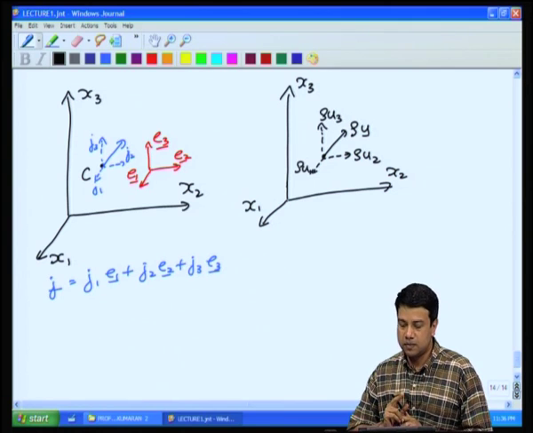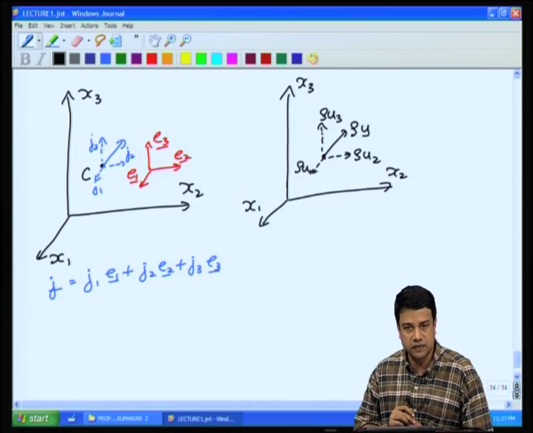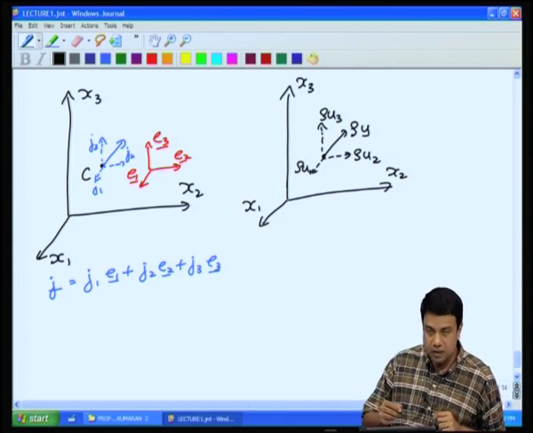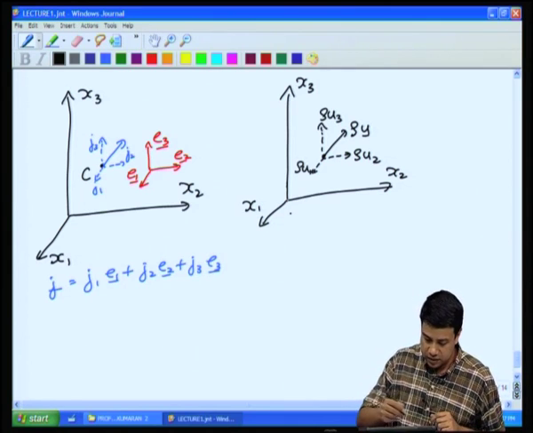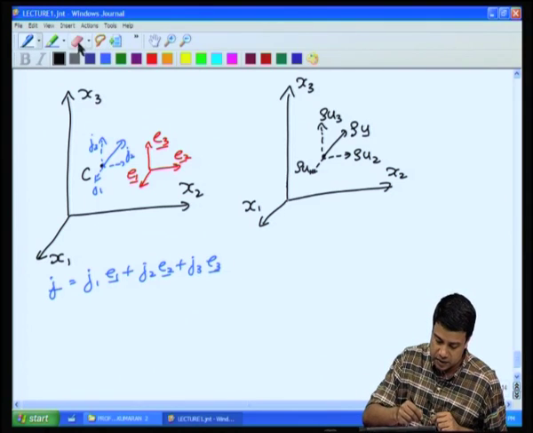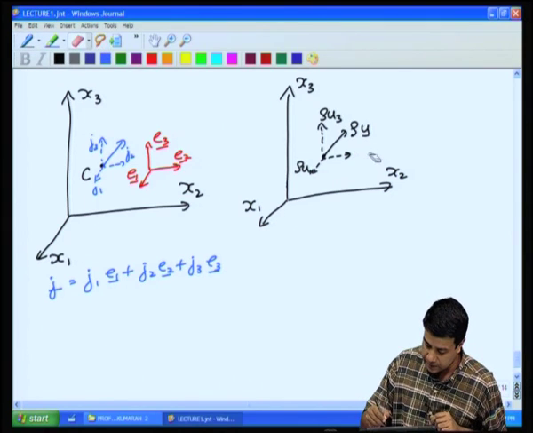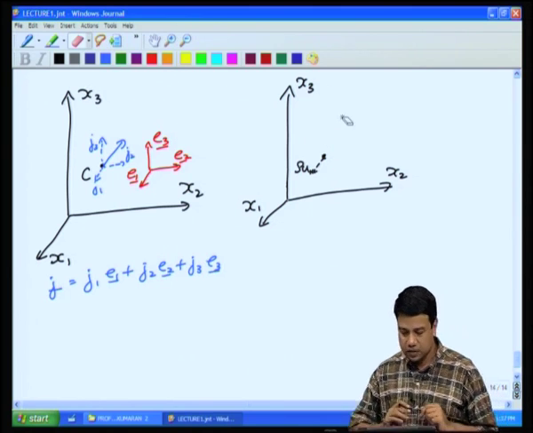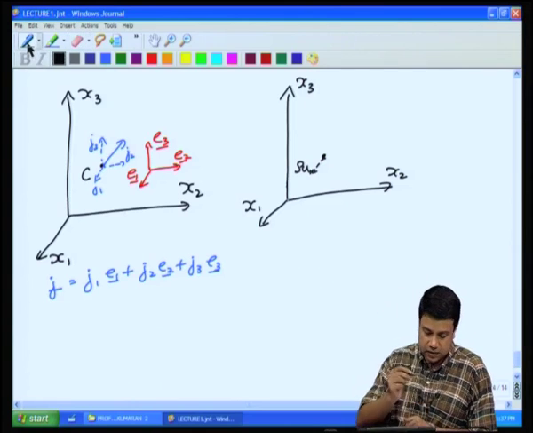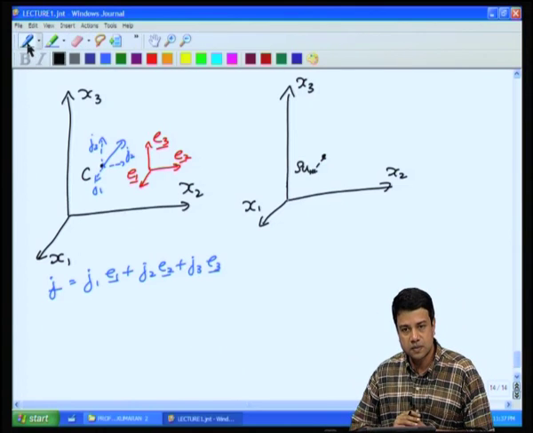For the momentum in the x1 direction, as I have defined it here, let us just simplify and consider the momentum in the x1 direction alone. This momentum in the x1 direction can be transported in any one of three directions.